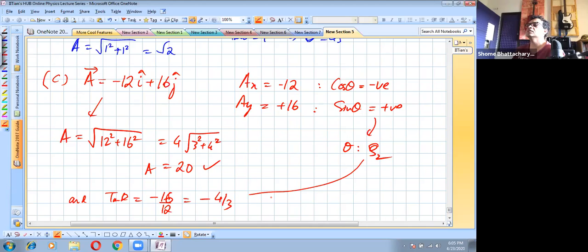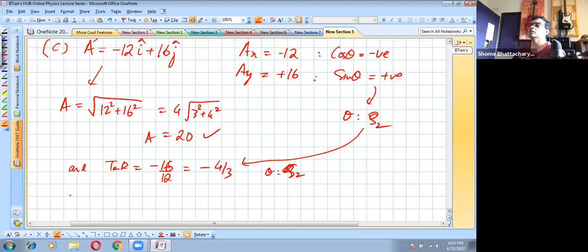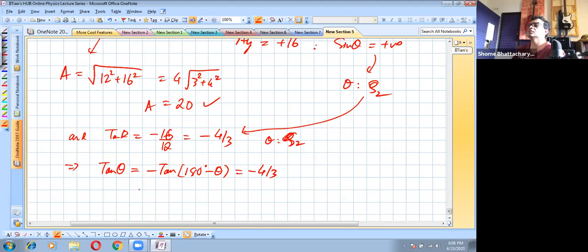And you already understood that theta is in the second quadrant. Okay. So use the formula of the second quadrant. In the second quadrant, we write tan theta as minus of tan of 180 degrees minus theta. And that is minus 4 by 3. So that means tan of 180 minus theta is 4 by 3.